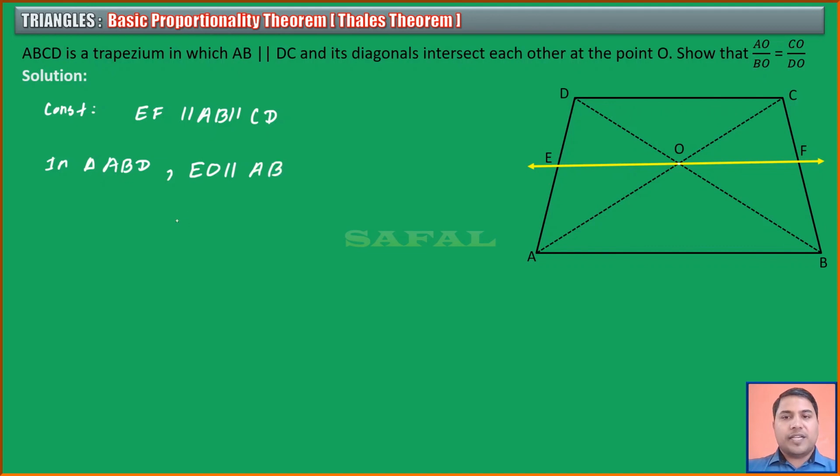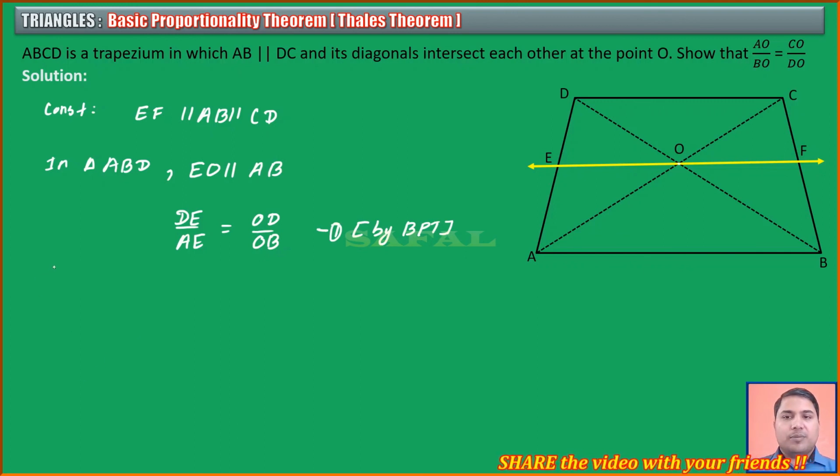So this implies DE by AE should be the same as OD by OB. So the reason is BPT, correct? So this is in triangle ABD. So DE by AE is OD by OB. So this is equation 1, I'll call it.